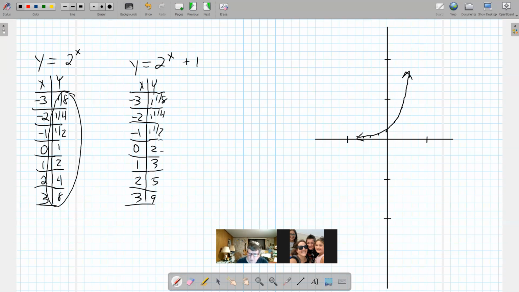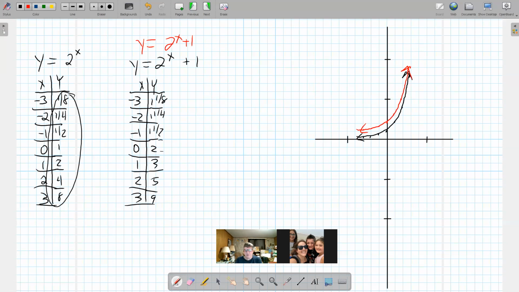Okay. So what would our graph over here look like? Everything would be moved up 1 unit. Let's switch over to a different color. Let's make it red. So this is y equals 2 to the x plus 1. And that's going to be up there and there and there, so it's going to look like that.